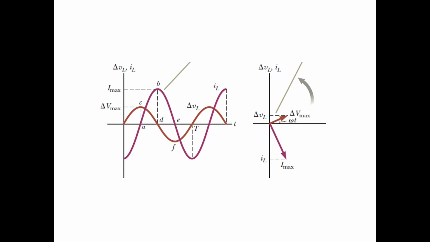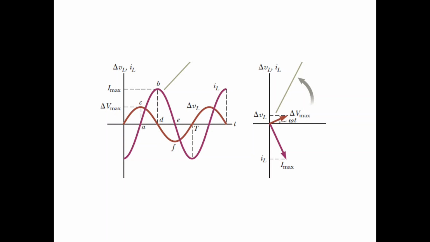We see clearly that there is a phase shift between the time-dependent voltage and current through the inductor. So the maxima are shifted. We get maximum current when voltage is minimum, and so on. And in terms of phasors, you can nicely see the phase shift between them.